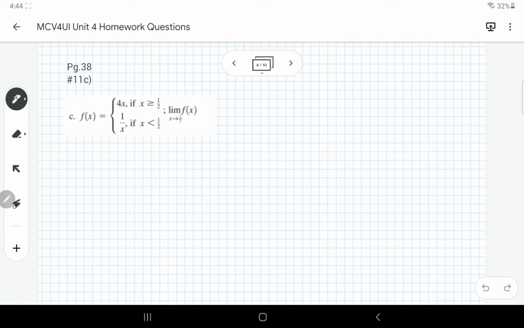Okay, here we're looking at a piecewise function. So we see that f of x is equal to 4x if x is greater than or equal to 1/2. So I'm just going to set up a sketch here.